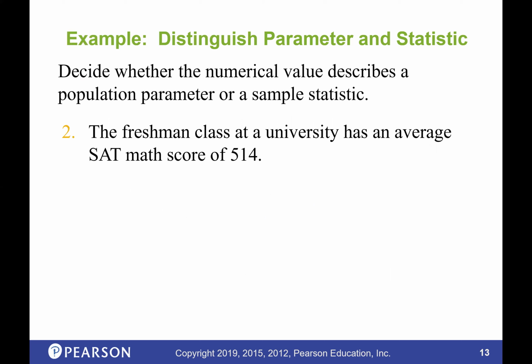So the question is, what's the population here? What are we trying to get to? The population is freshmen at a university. It didn't say anything about trying to figure out all the freshmen in the US. It was just the freshman class at this particular university.